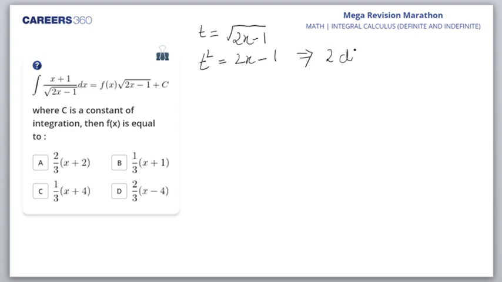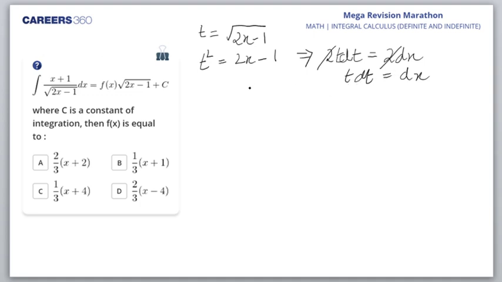So 2t dt, and here I'll get 2 dx. Minus 1 derivative would be 0. 2 and 2 would be cancelled. So I get t dt is equal to dx. Isn't that right, students? Okay, Hardik Jan, please focus on the solution. You'll be able to solve it. So t dt is dx.